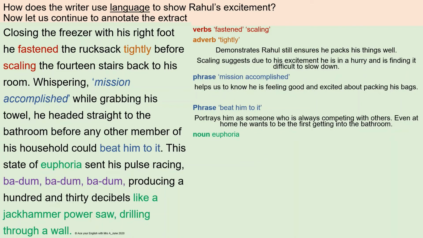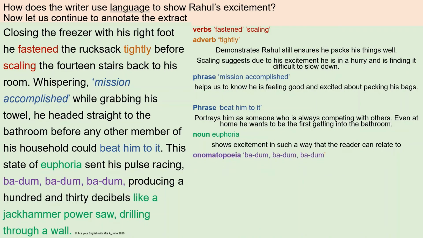We have the euphoria, which is a noun. What does that mean? It shows excitement in such a way that the reader can relate to. Excitement, happiness, over the moon, joyous. See, all those words have come up so many times. And then the onomatopoeia, I know you know that. And you can hear the sounds there, and you can see them as well.